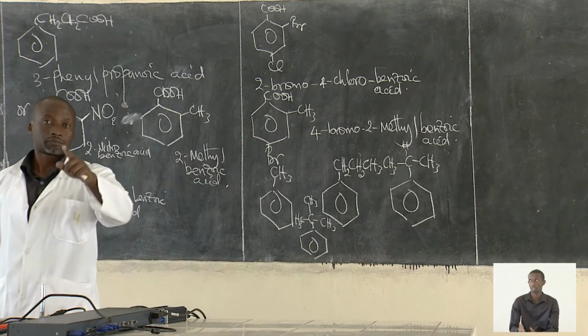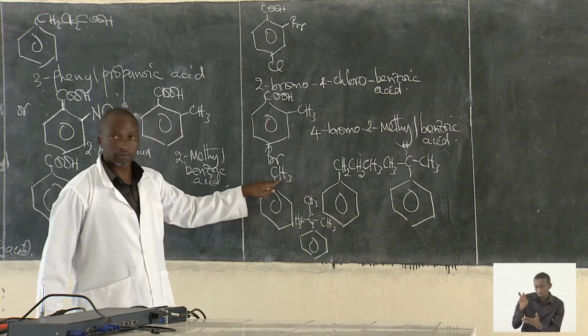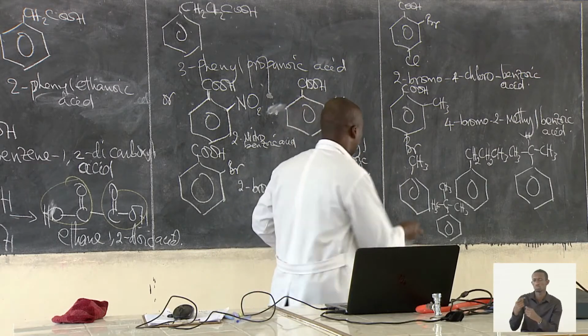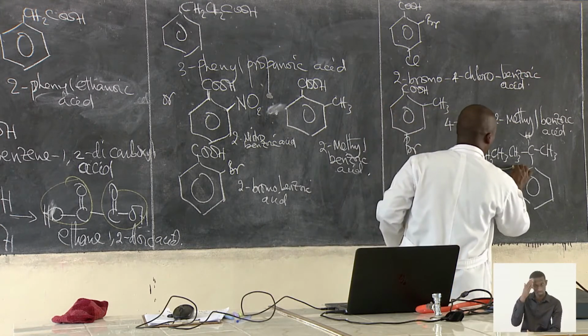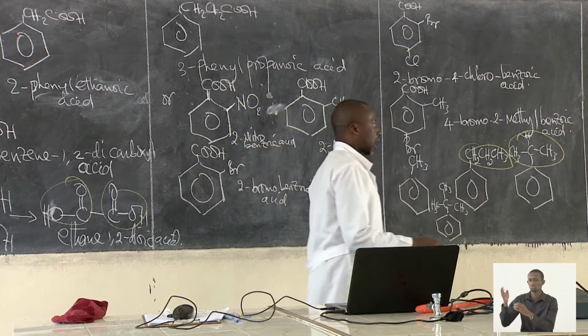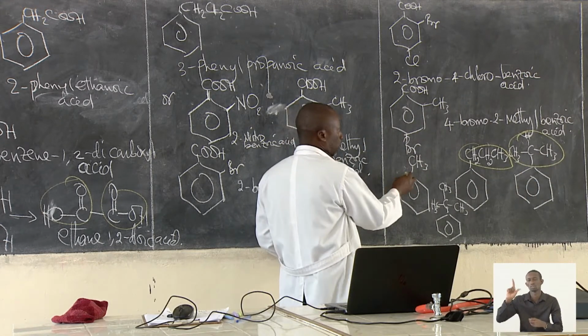Look at these compounds. Look at the alkyl groups that we are mentioning here. This is something I just want you to note. This alkyl group here is a secondary alkyl group, isopropyl.